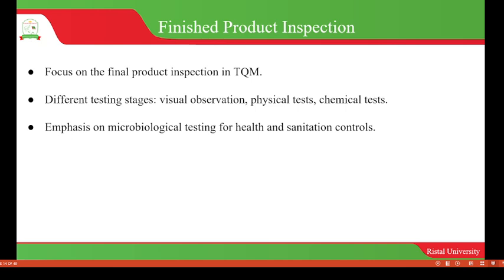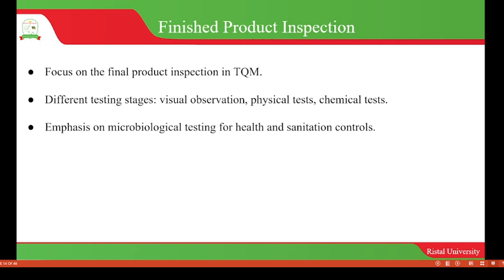Then let us look at finished product inspection. Finished product inspection focuses on the final product inspection in total quality management, and there are different testing stages that a finished product undergoes during the time of inspection or testing.